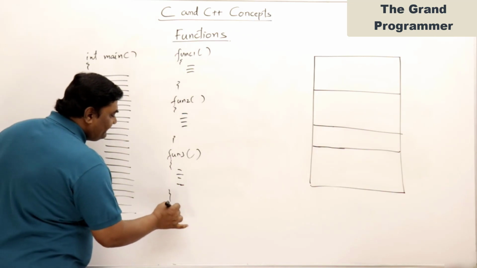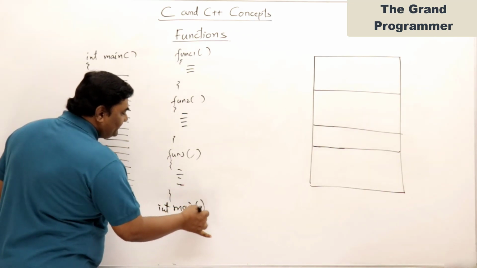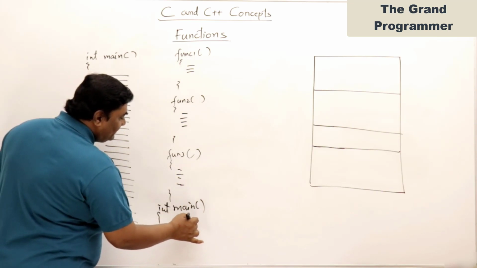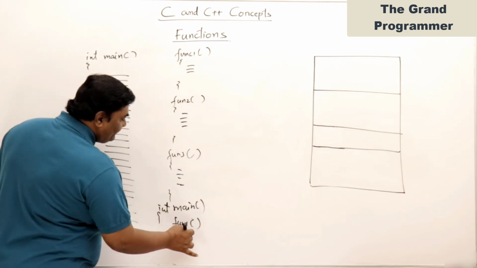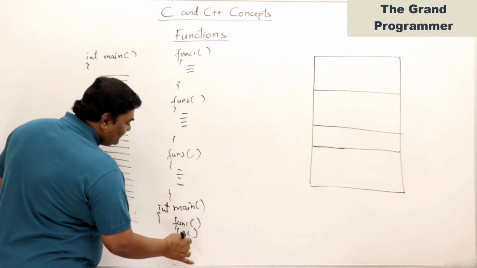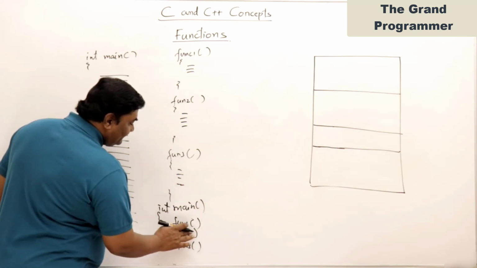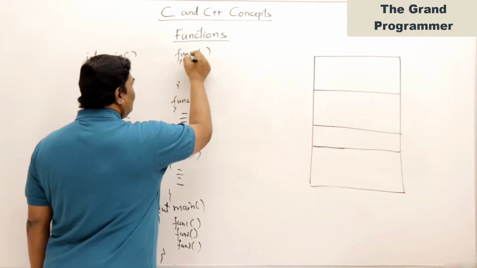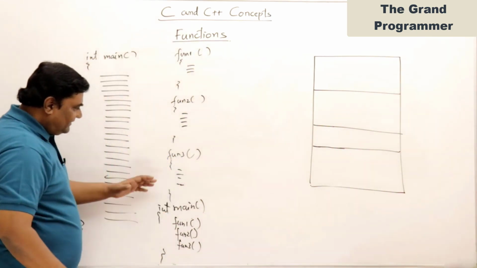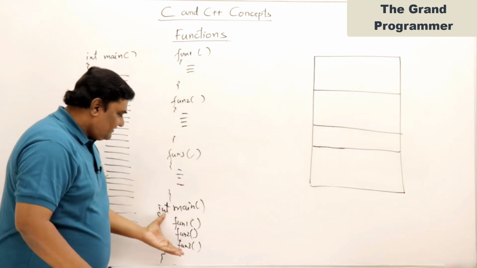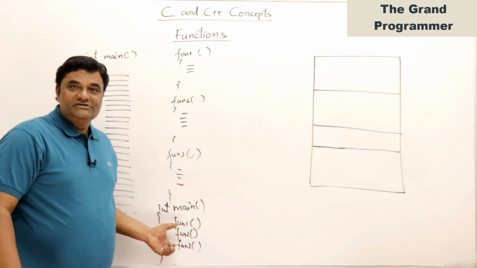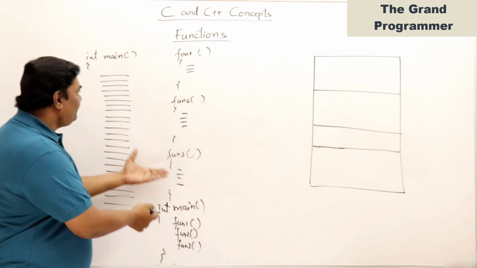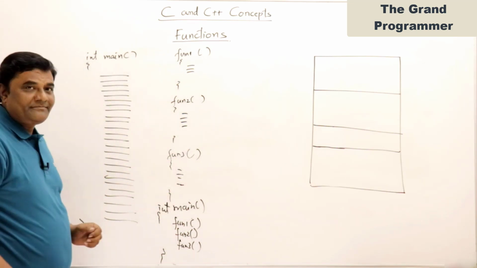Inside the main function I can call function 1, function 2 and function 3. If I combine all together, everything is there inside the main function; the main function is utilizing these functions. So that will sum up to a similar program.